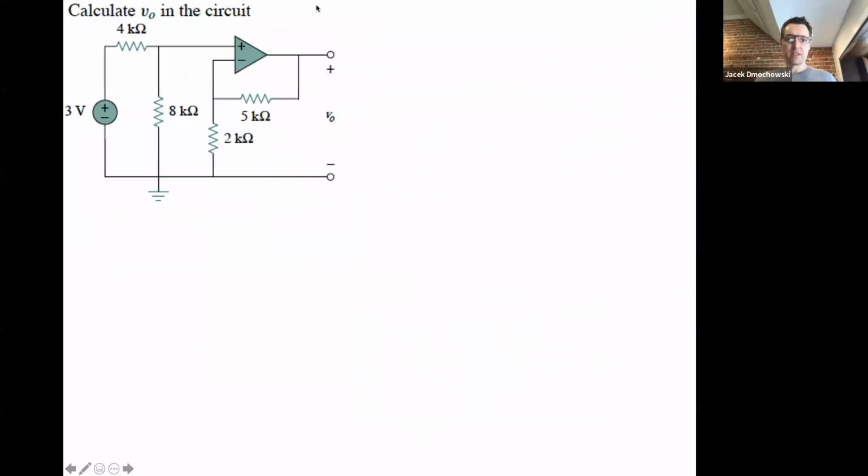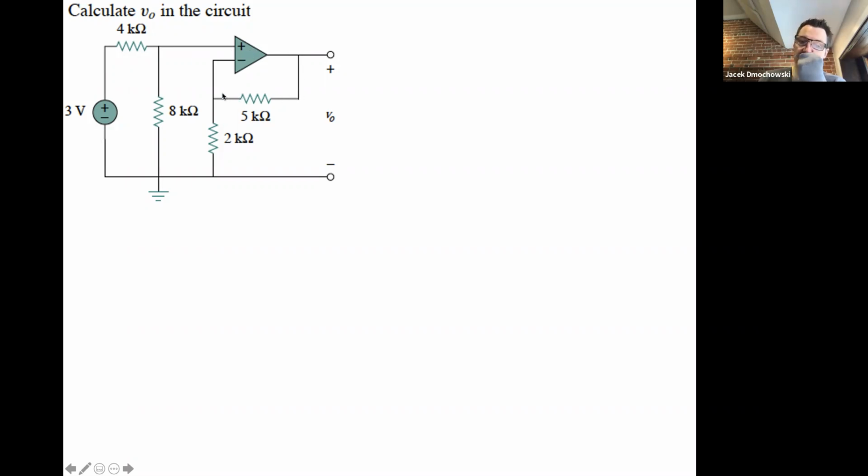Okay, this is a good one to work through. We have the following circuit. Here we have an input that's on the non-inverting side.